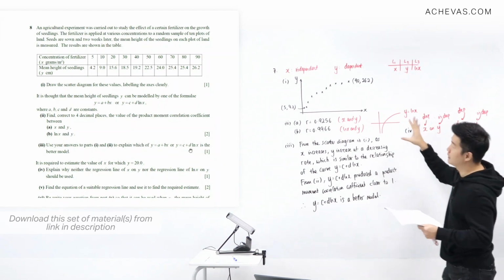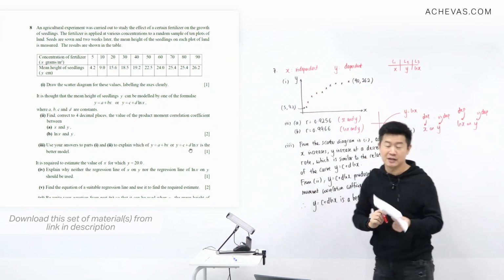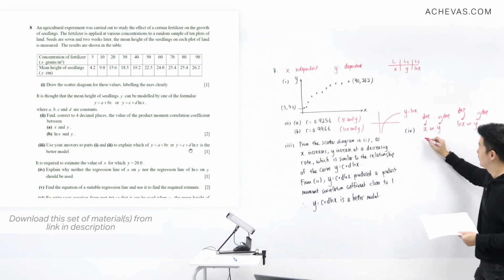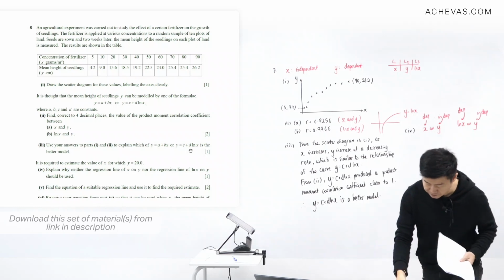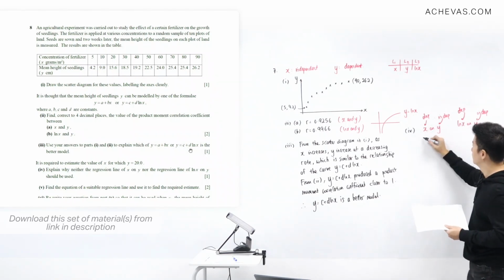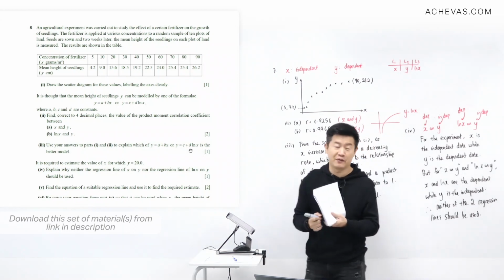We have got to use one where x is the independent and y is the dependent. So let me write down my explanation here. Okay, so this part 4, it is my version.